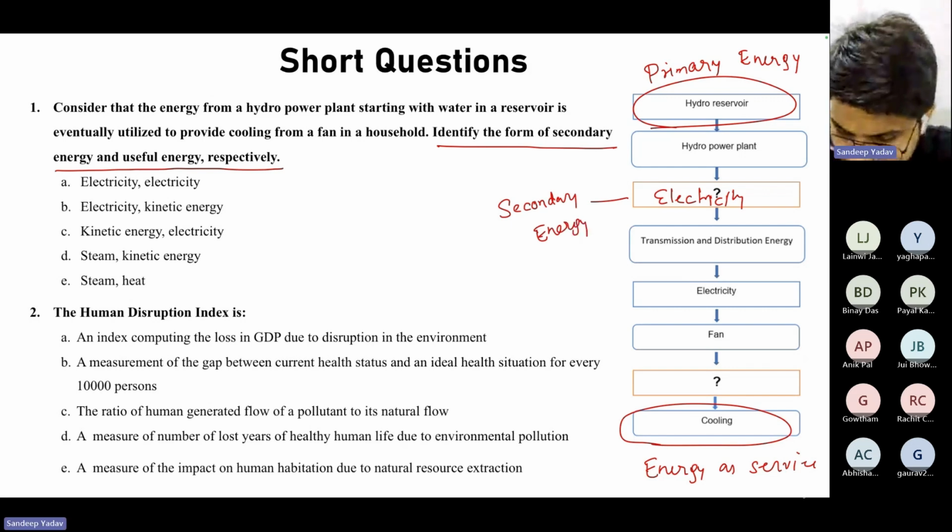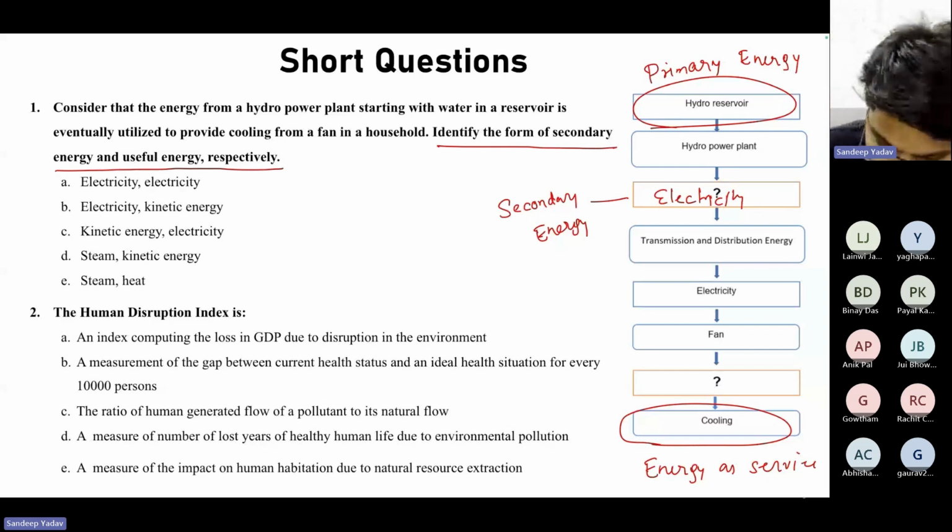Now electricity goes through transmission and distribution, and then it will be again electricity. It finally goes to a fan, as mentioned in the question, and the fan will provide us cooling.